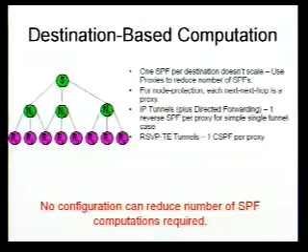So in this example, in order to get node protection, you use each next hop, in this example, all of the Rs, as a proxy for the destinations that are reached via those Rs. And in this case, for IP tunnels plus the directed forwarding, you need to do one reverse SPF per proxy. And that's for the simple single tunnel case.